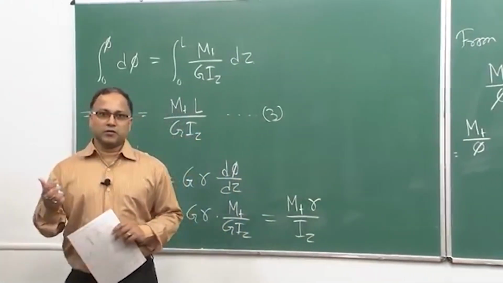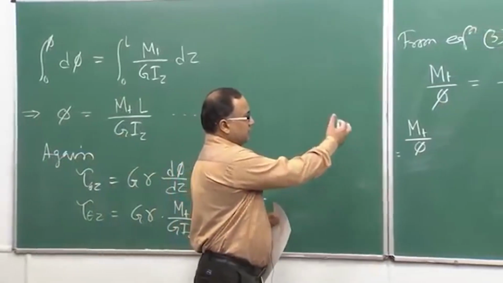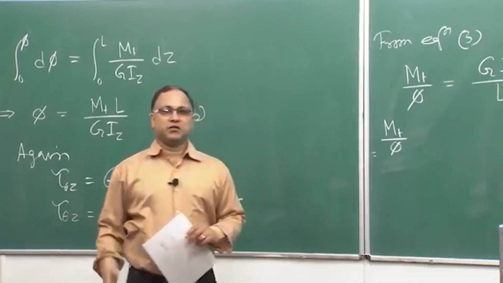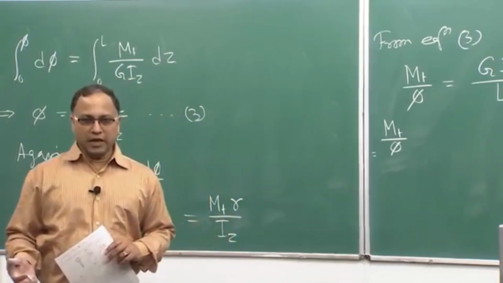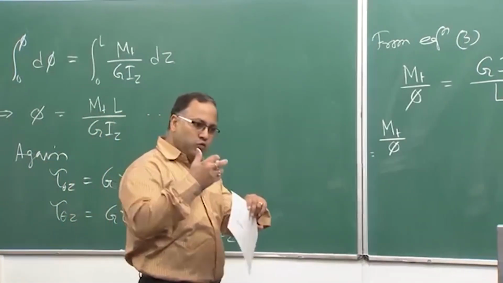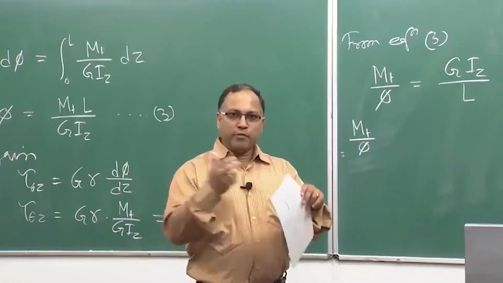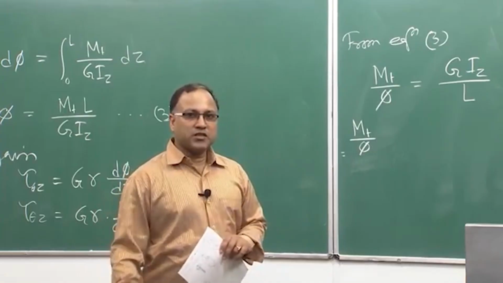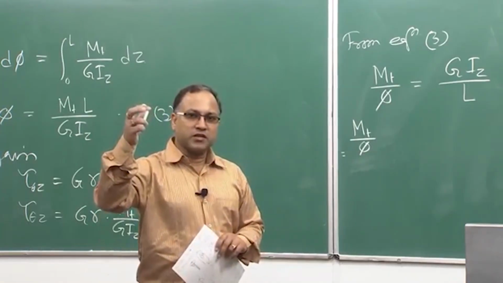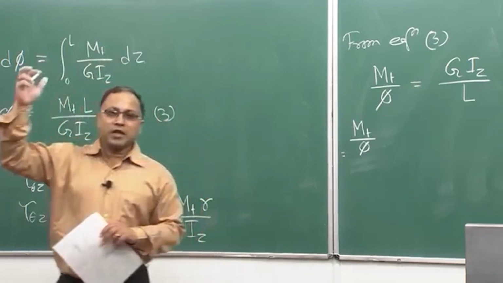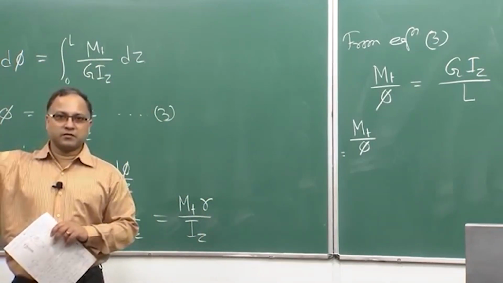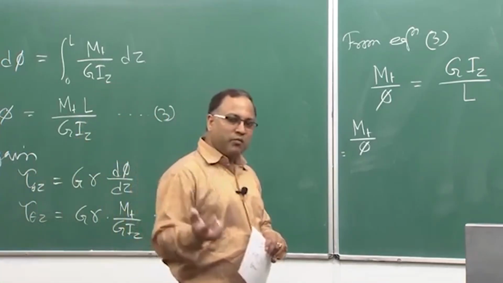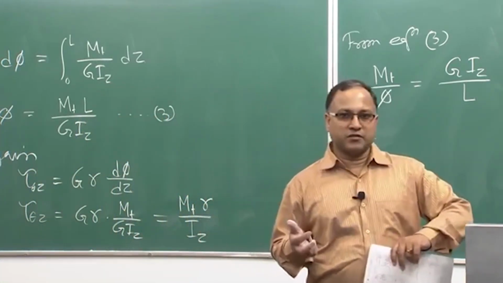If you recall, the definition of spring constant is the force required per unit displacement. Similarly, this is the twisting moment required per unit of twist.